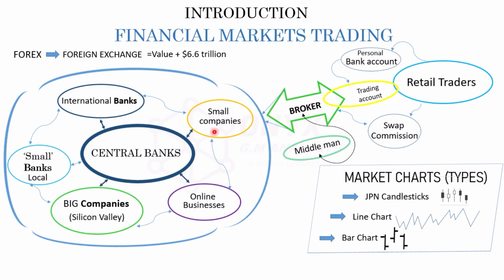The cycle just keeps going and going. There's an exchange of money via the payment of profits to the companies that the smaller companies took loans from. I hope you get this cycle.